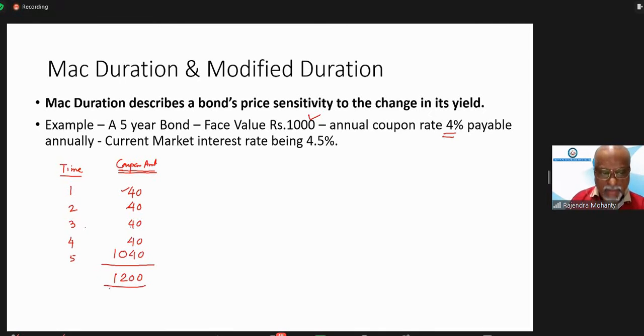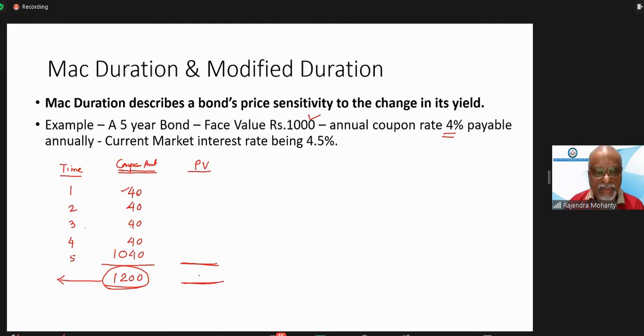If the 5-year value is 1200, what is the actual value today? That means I have to calculate the present value. So each coupon's present value I will calculate. Then I will get the total present value, and that will be the price at which I can sell or buy that bond today in the market.